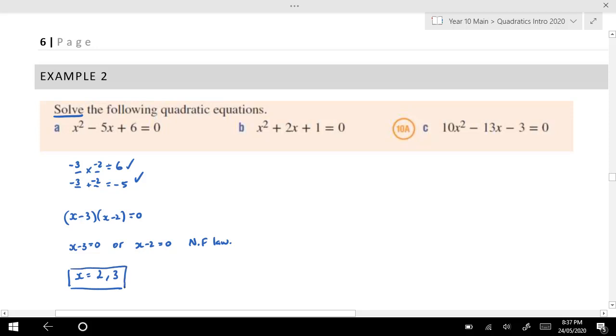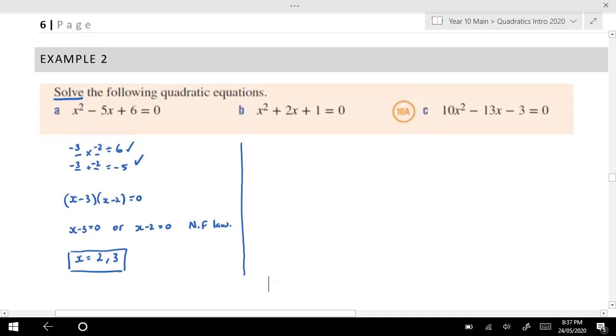Over here we've got an example where you're not always going to get two solutions. You can get 1 or even 0. Now, I need two numbers which multiply to give 1, but add to give 2, and of course those are 1 and 1.